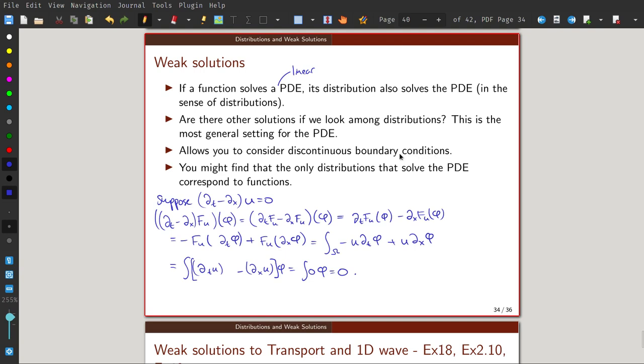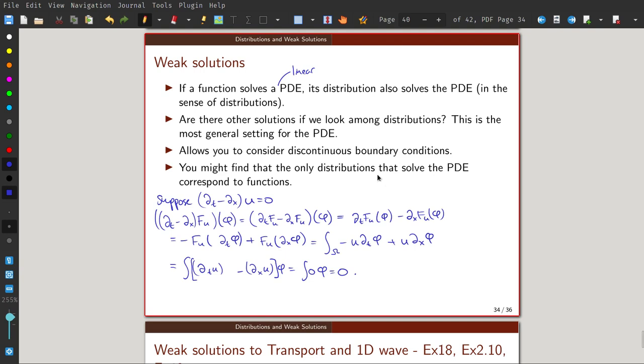So it allows us to consider discontinuous boundary conditions. It also allows us to consider things like we had for the fundamental solution, where they have a singularity, and then when you apply the operator in the sense of distributions, you get a delta distribution. So that's also nice.